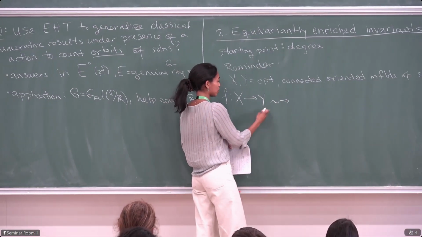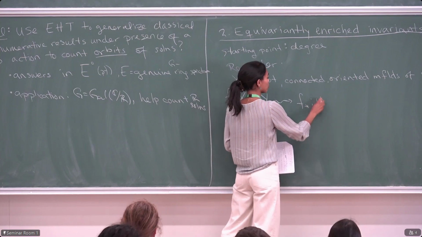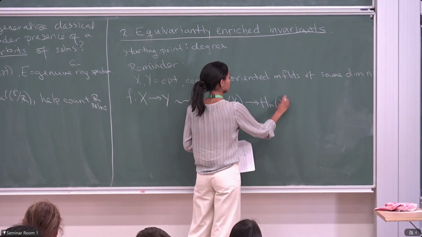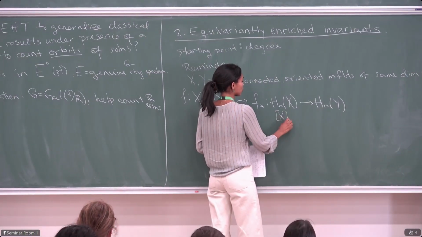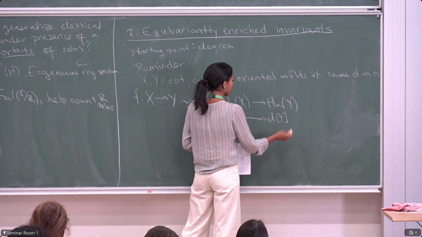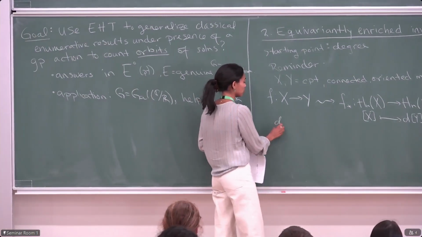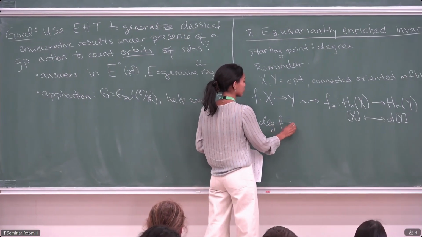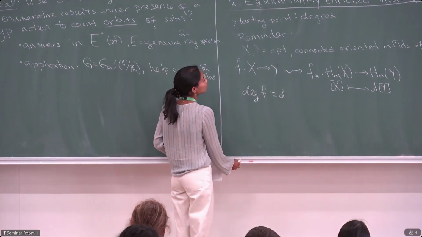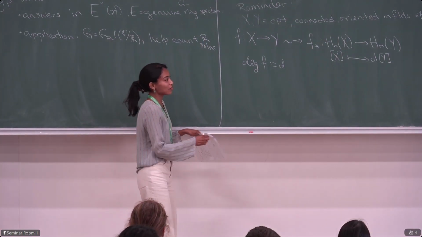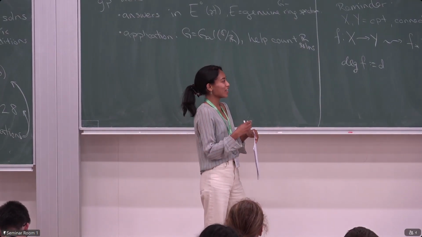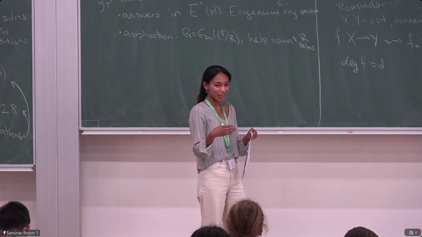I have an induced push forward on homology which takes the fundamental class of X and maps it to d times the fundamental class of Y for some d, and I can take the degree of f to be this d. This is a good definition, except that if you're like me, you're probably not going to actually compute this push forward, except for like the 4 examples you would think to give yourself, and there are many more manifolds than that.